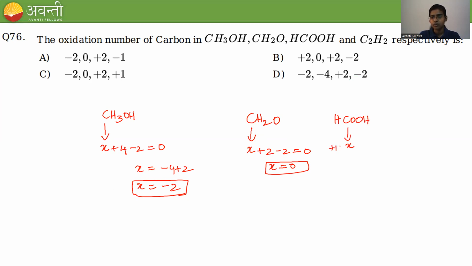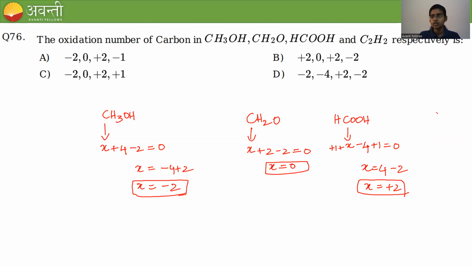For hydrogen, it is +1. For 2 oxygen, we can put -4. And one more hydrogen is here, put +1, which is equal to 0. And x is equal to +4 -2, so x is equal to +2.